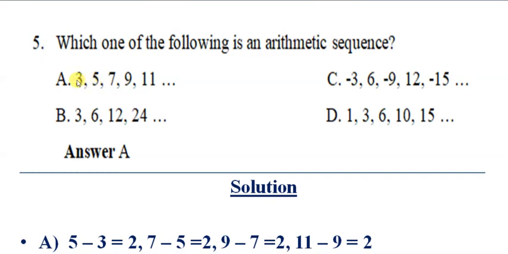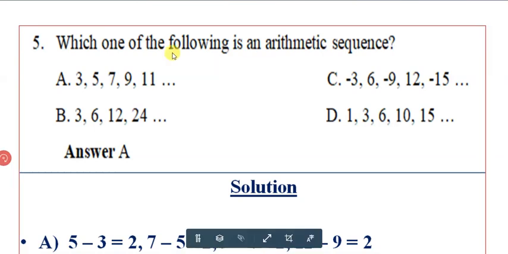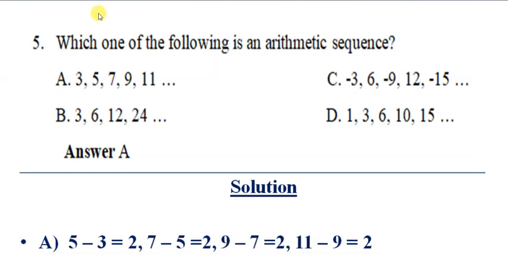For this sequence to be arithmetic, the difference between the successive terms, which means 3 and 5, 5 and 7, 7 and 9, and 9 and 11 and so on, must give us a constant number. Let us try. 5 minus 3 is 2.